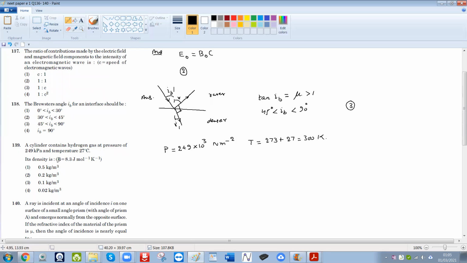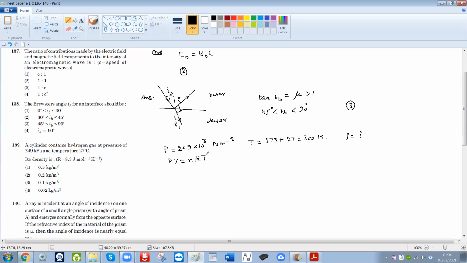Universal gas constant is given to us. We have to determine density of hydrogen gas in the cylinder. Now, from ideal gas equation, we have PV should be equal to nRT. V is for volume of cylinder and n represents number of moles of the gas present in the cylinder.